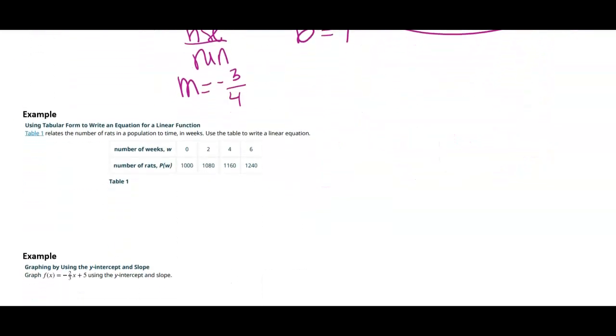All right, let's look at an example if I have a table. Now, linear functions need to increase the same amount per unit of the independent variable. So notice in my table here, w increases by 2 each time, and the number of rats increases by 80 each time.